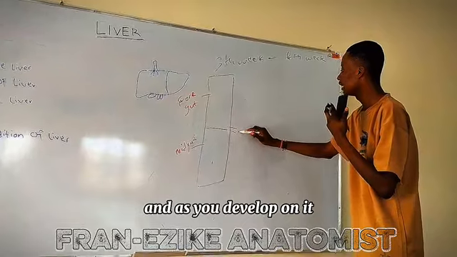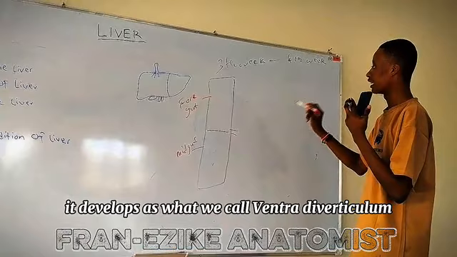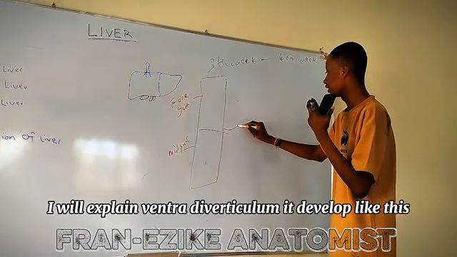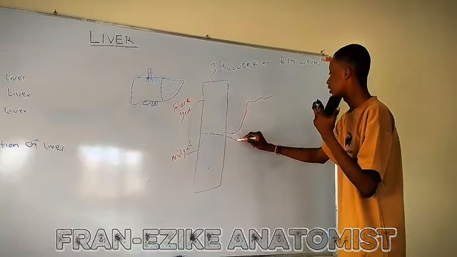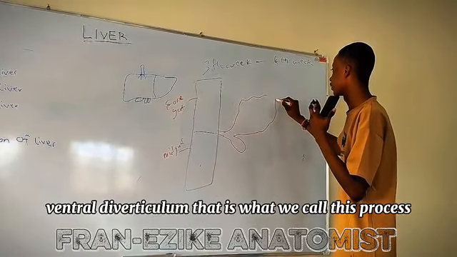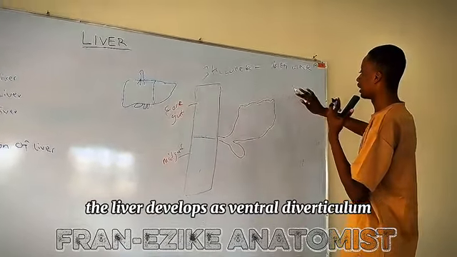And as it develops here, it develops as what we call a ventral diverticulum. I will explain ventral diverticulum. It develops like this. Ventral diverticulum, that is what we call this process. The liver develops as a ventral diverticulum.